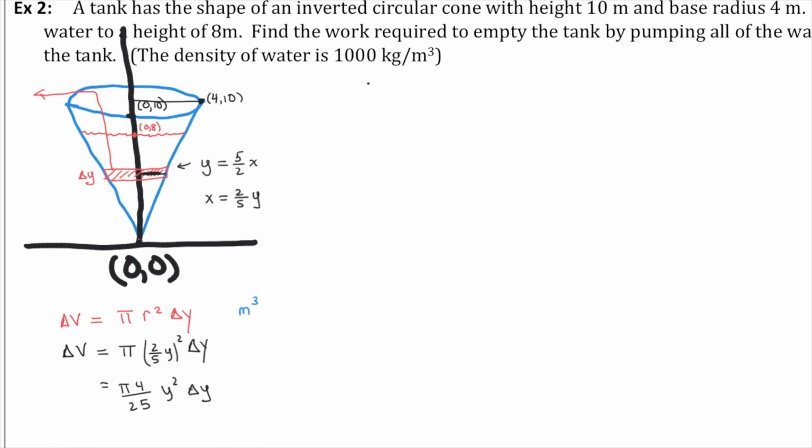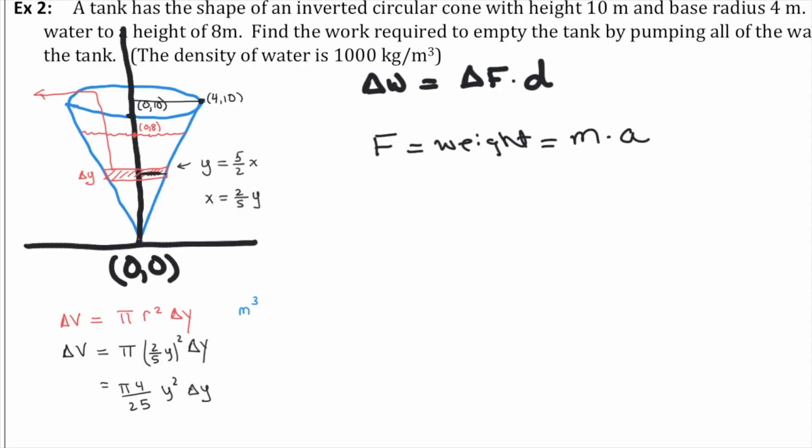We're looking for work. So a slice of work is going to be equal to a slice of force multiplied by distance traveled. What we have right now is volume, but let's back it up even a little bit more. We know that force is equal to some sort of weight, and weight is mass times acceleration.